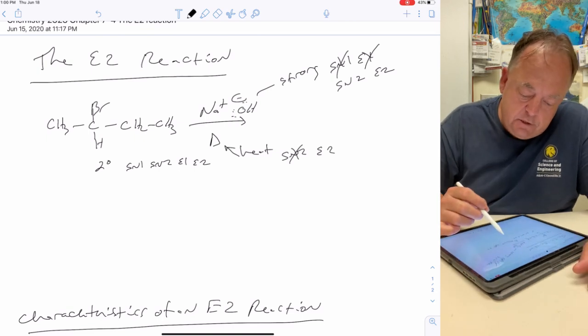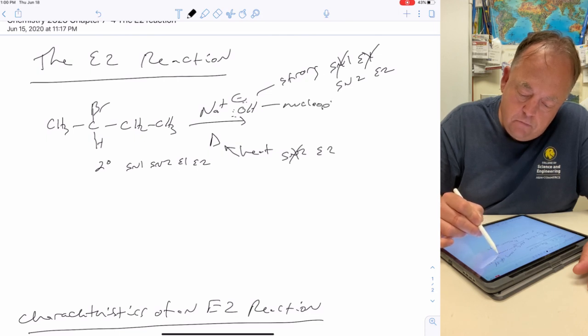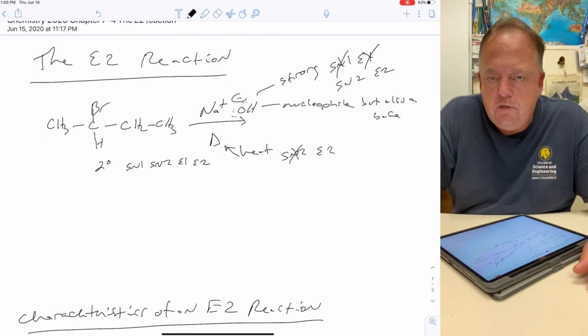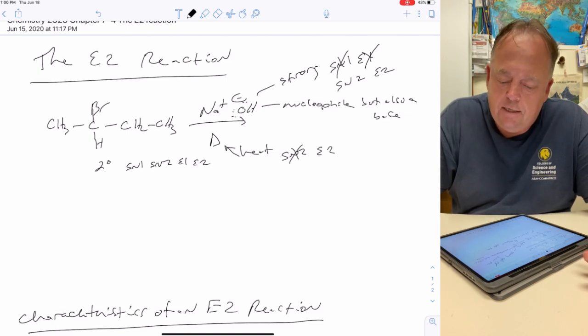What happens in this reaction is, this is a nucleophile, but also a base. If it's going to do SN2, it's going to act as a nucleophile. If it's going to do E2, it's going to act as a base.